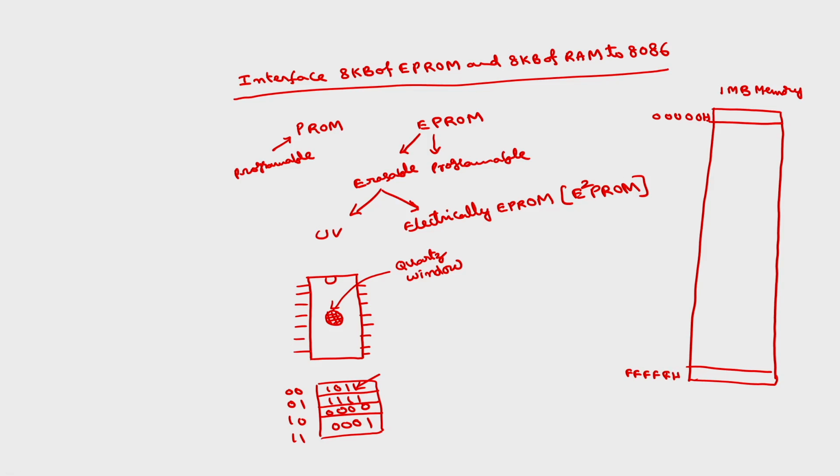We can use any portion of this for EPROM and any portion for RAM. Sometimes it will be given in the statement itself that you interface 8 kilobytes of EPROM from say F0000H to F1FFFH. In that case you have to connect in that particular place only. If nothing is given, you can choose any space for EPROM and some space for RAM.